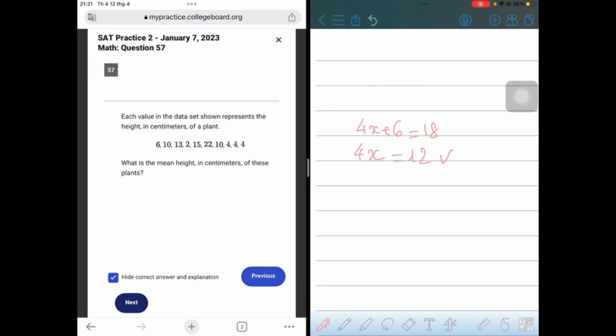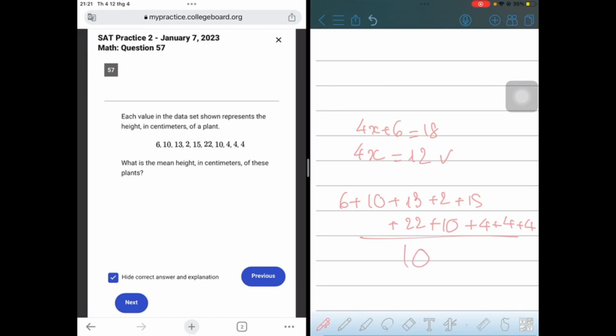What is the mean height in centimeters? So we just calculate the average, or the mean. We just add up all of the numbers: 6 plus 10 plus 13 plus 2 plus 15 plus 22 plus 10 plus 4 plus 4 plus 4, and then we count how many numbers: 1, 2, 3, 4, 5, 6, 7, 8, 9, 10.